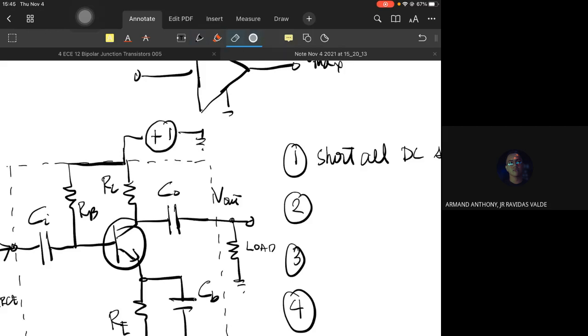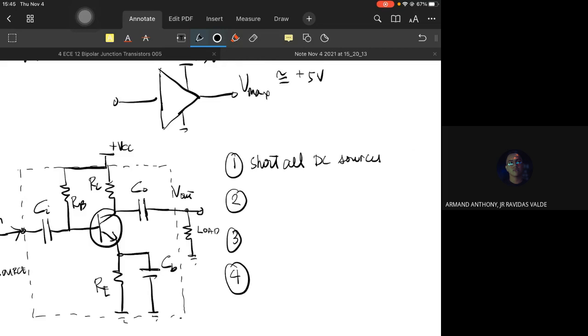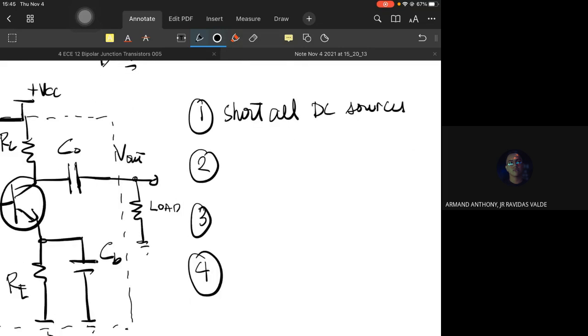What we will do is replace it with a plain wire that is shorted. So instead of a voltage source, it is shorted. Just a wire.